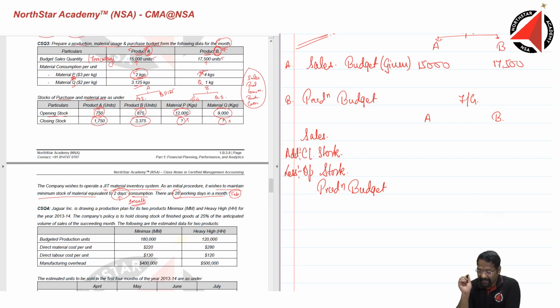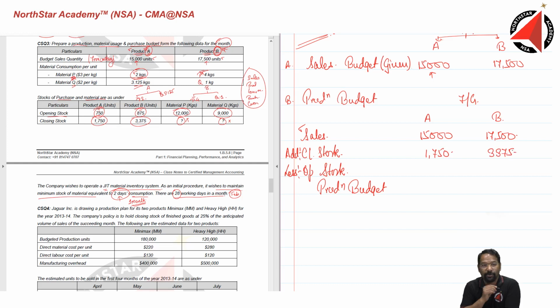I am not writing anything. You have to tell me the sales figure: 15,000 and 17,500. Next, closing stock. Closing stock is 1,750 and 3,375.